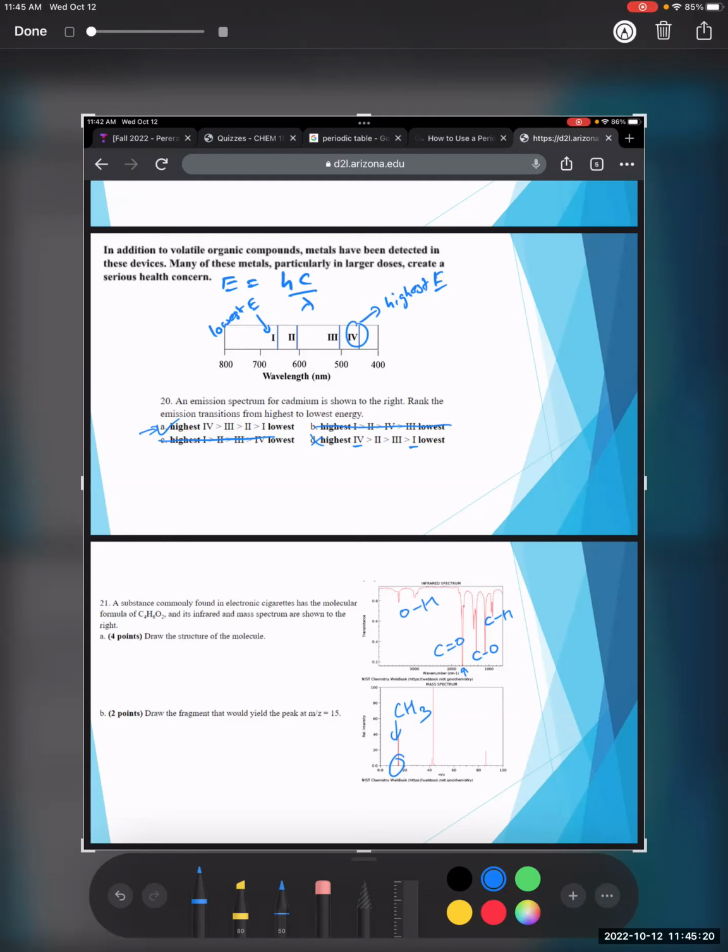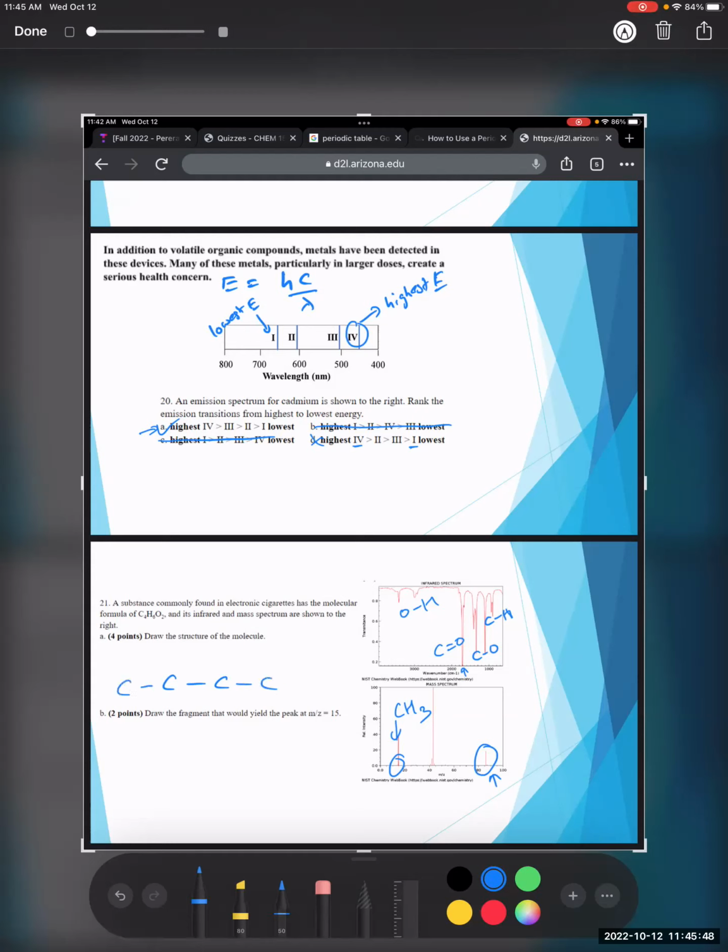But let's see. The molar mass of the compound is this much. It's not that useful because you already have the molecular formula. Let's make sure that we have these bonds in our molecule at least, to come up with something. So we have carbon, and I'll draw a possibility.